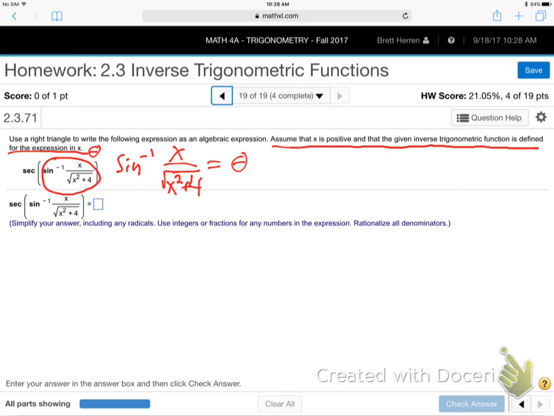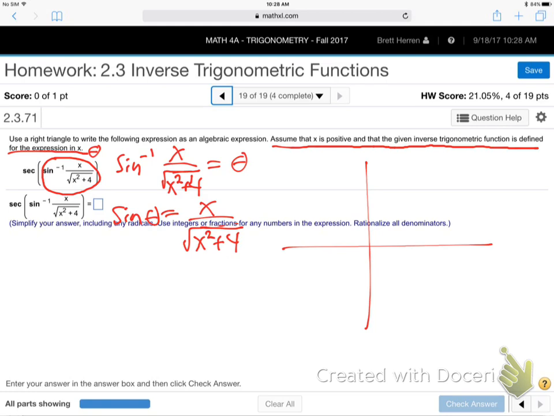Good to there. So then that means the sine of theta is x over the square root of x squared plus 4. So far, so good.